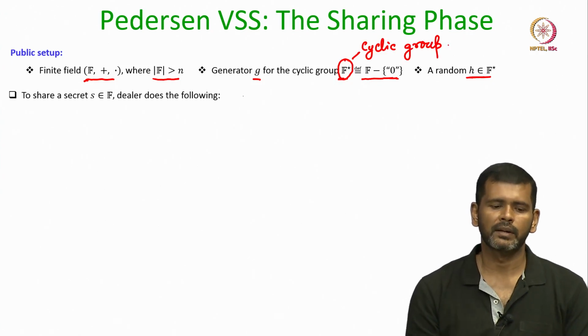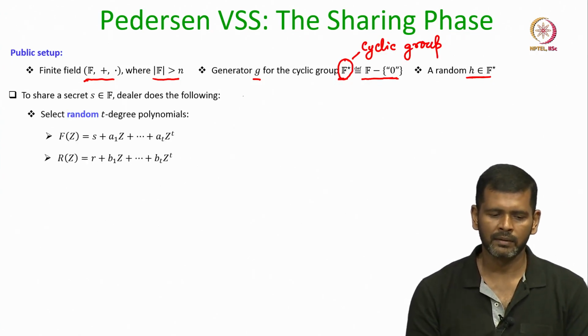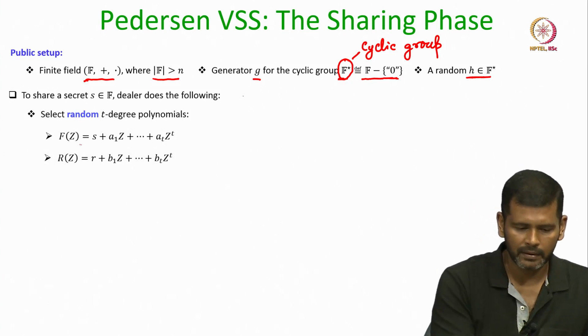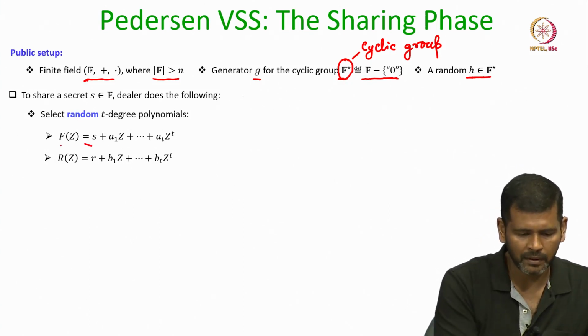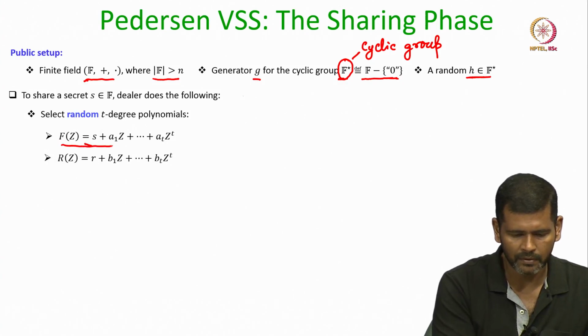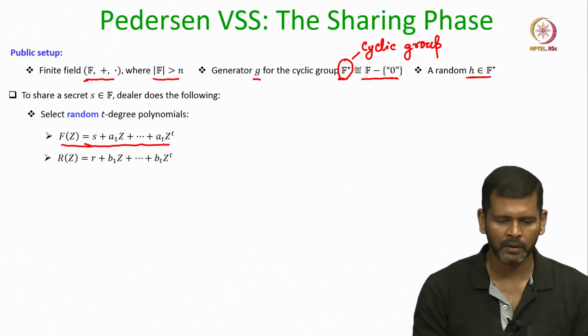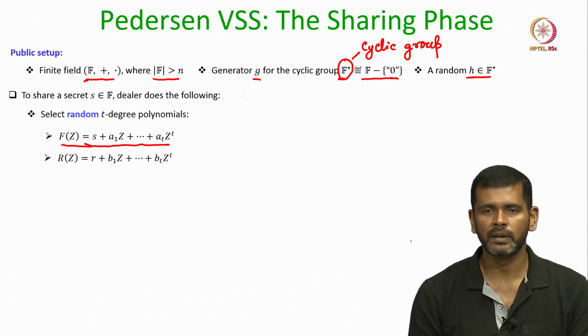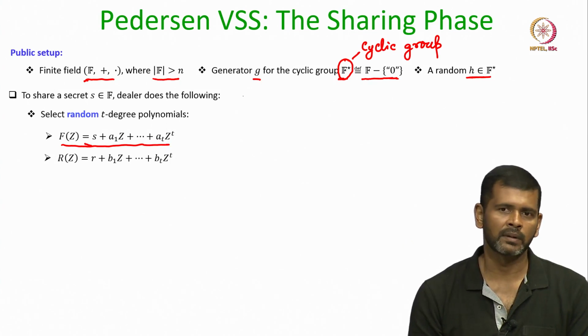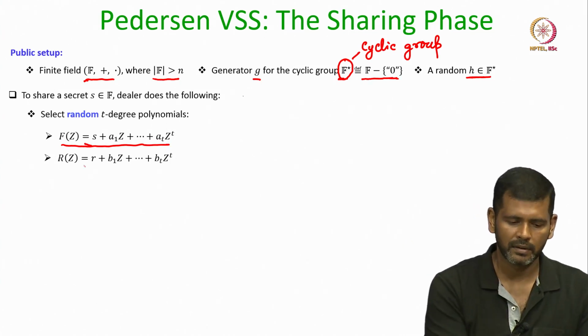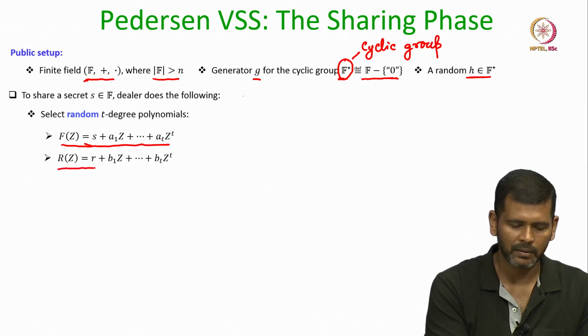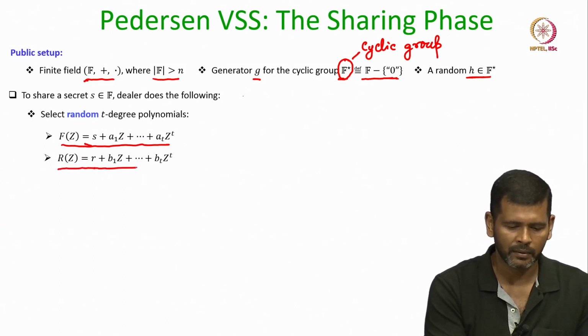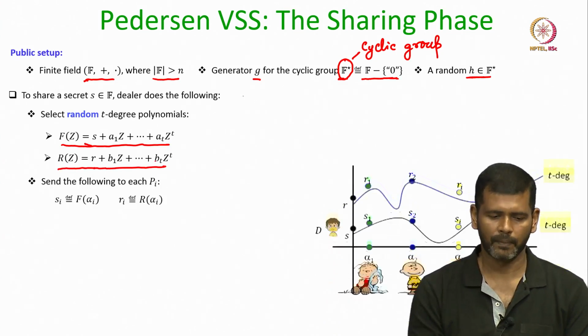To share a secret S from the field, the dealer will do the following. It will share the secret as per the Shamir secret sharing scheme. So, it will pick a random t degree polynomial whose constant term is the secret S, but to prove that it has distributed points on a t degree polynomial to all the honest parties for the verification purpose, it additionally picks now a random t degree univariate polynomial as well.